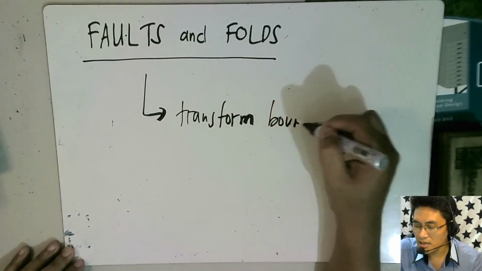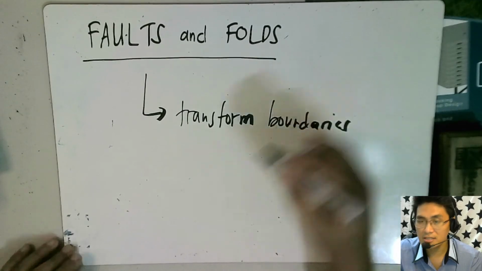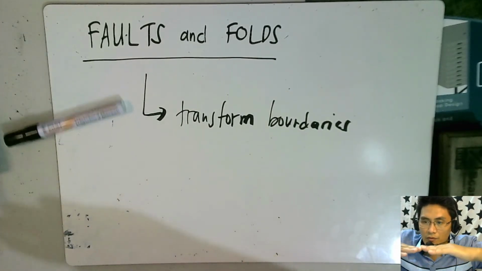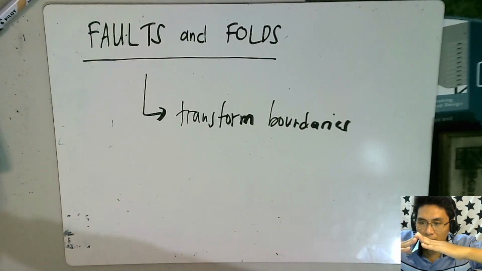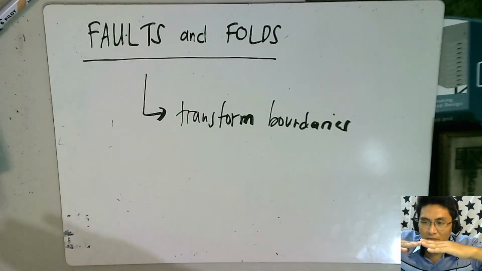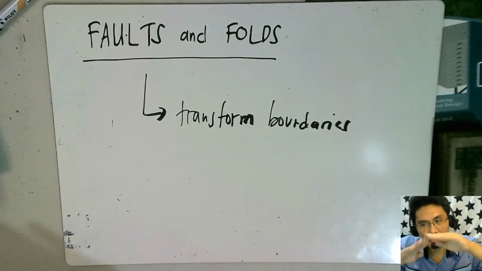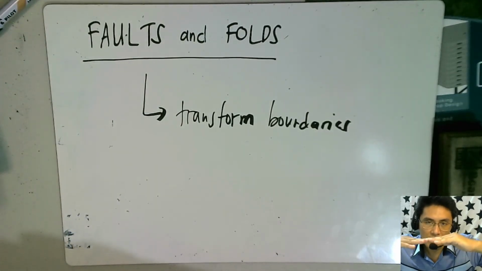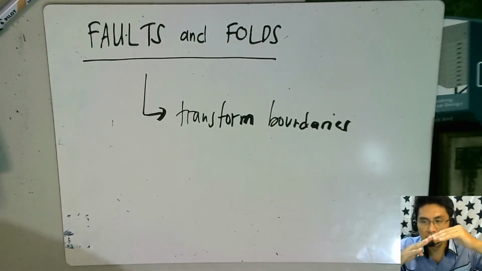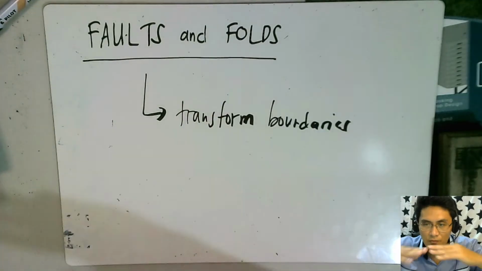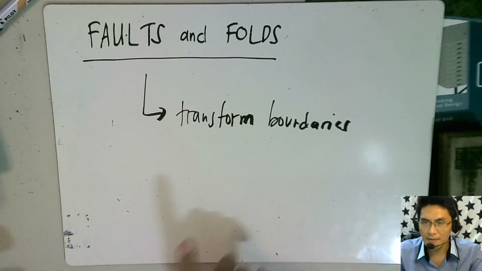Now, again, I'm not saying they don't occur in other boundaries, because when you have convergent boundaries, as the materials crumple up, obviously there's some faulting that happens. Some things are not aligned, but in this case, they will be vertically misaligned, and there will be some folding of the rock layers, right?